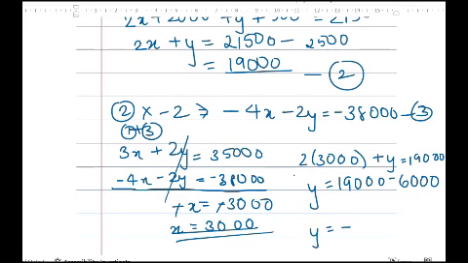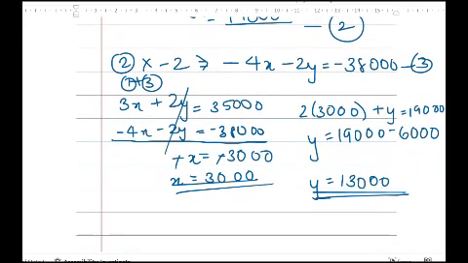So you get y is equal to minus, not minus, it's a positive number. You get y is equal to 13,000 bucks. Since you were asked to find the cost of one TV set and a VCR, this is your total cost. x is equal to this much and y is equal to this much.